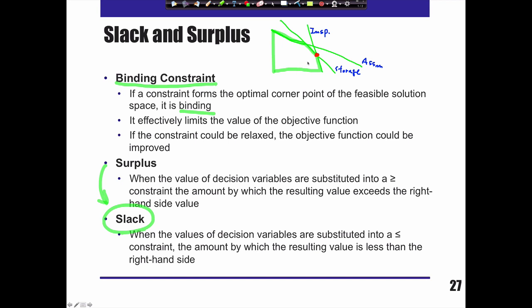But since I'm using all the inspection hours and all the storage area, if you want to improve your profit, you have to increase your available inspection hours and storage area. Otherwise, you cannot improve your profit.